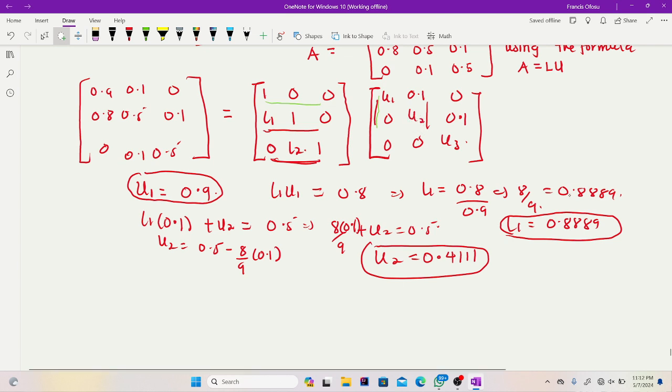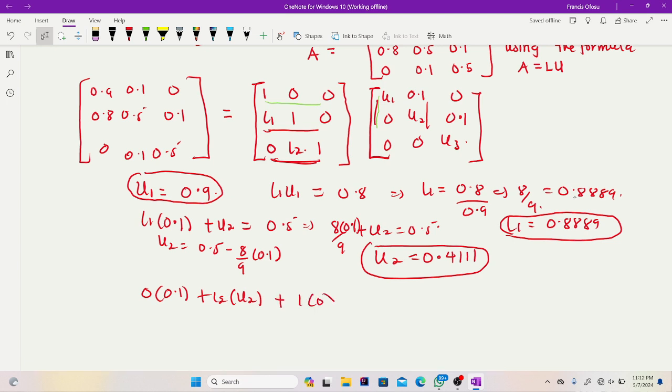I'll simply get 0 times 0.1 plus L2 multiplying U2, plus 1 times 0. If I'm multiplying the last row by the middle column, it should give us 0.1. So this is 0, this is also 0. So I'll get L2 U2 equals 0.1.